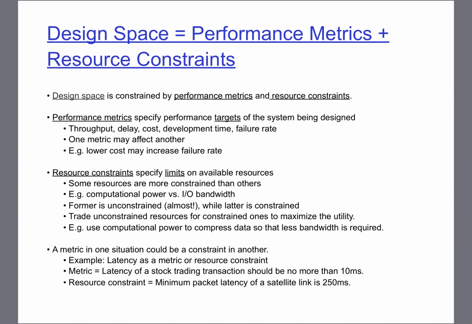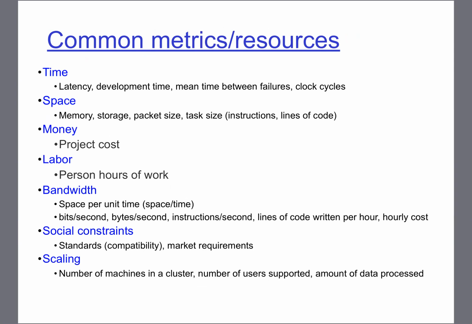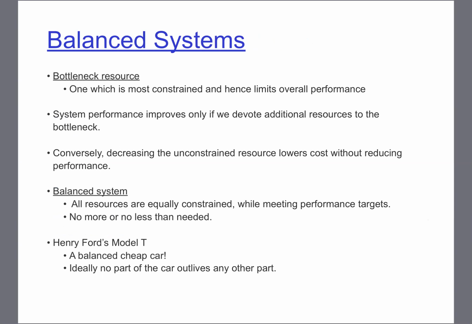So we looked at various metrics and resources: time, space, money, labor, bandwidth, social constraints, standards, scalability, and so forth. So I won't go over each of these again. Again, feel free to stop me anytime you have a question.